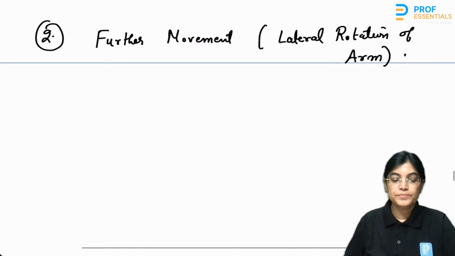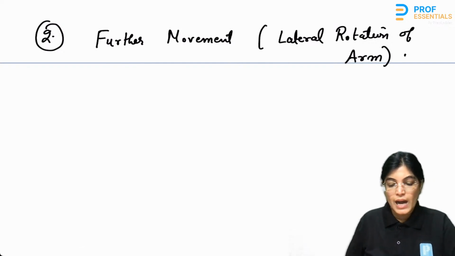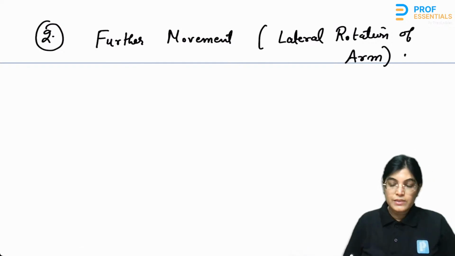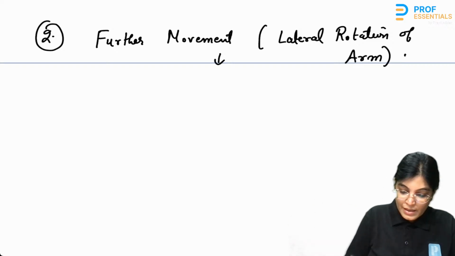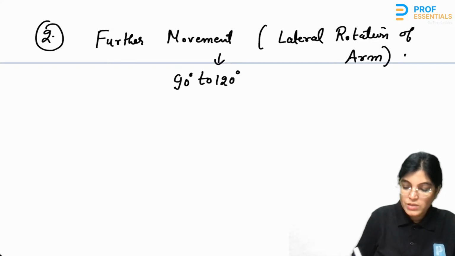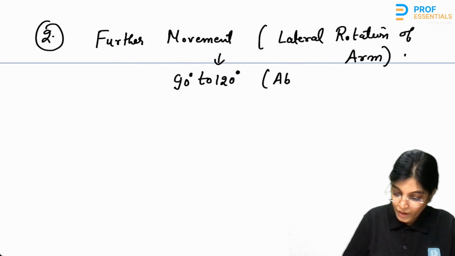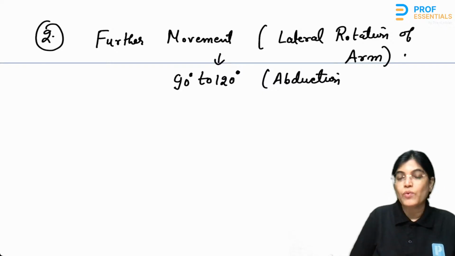Got it? Okay. So that means the arm rotates laterally, so that 90 to 120 degrees of abduction is possible. But beyond this, 120 degrees.